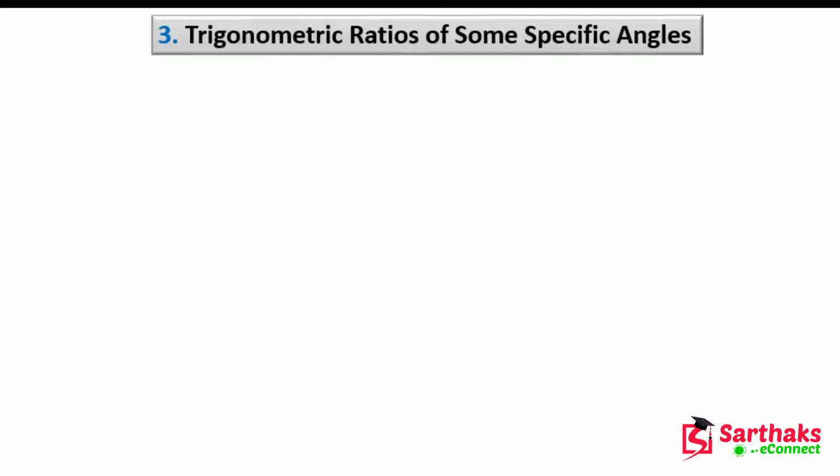Today we are going to discuss trigonometric ratios of some specific angles. There are some common angles like 30 degree, 45 degree, 60 degree and 90 degree. These are very common angles which are used in most of the questions.